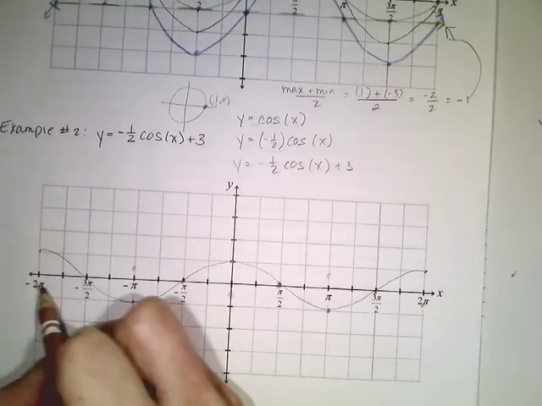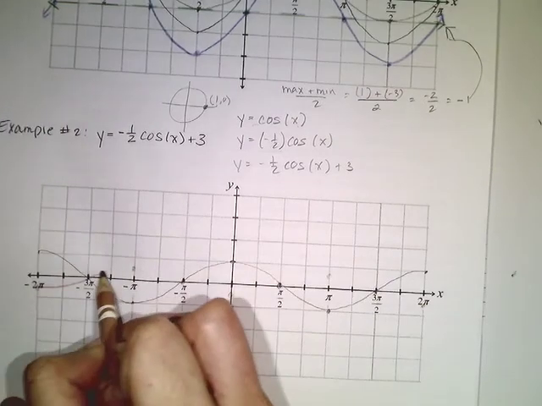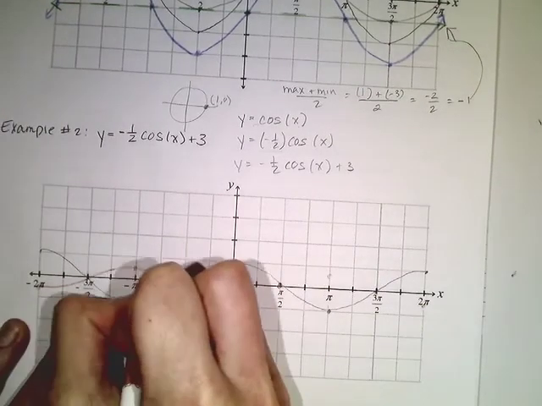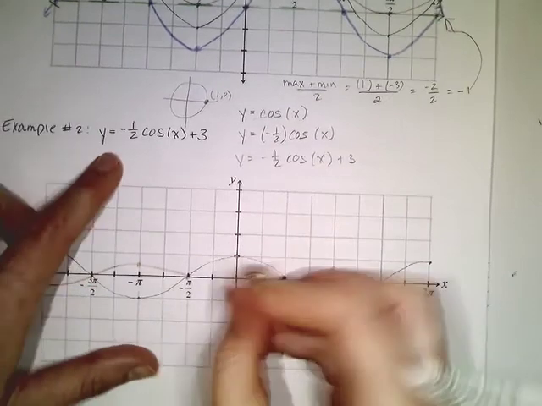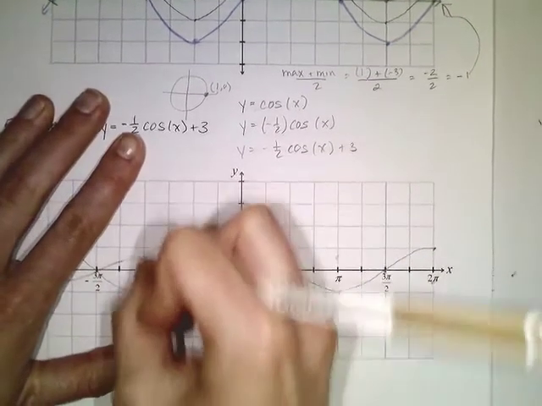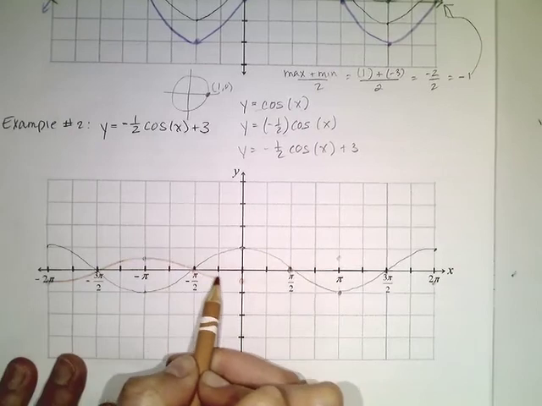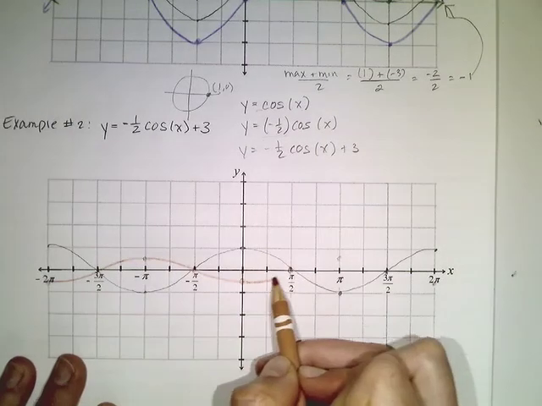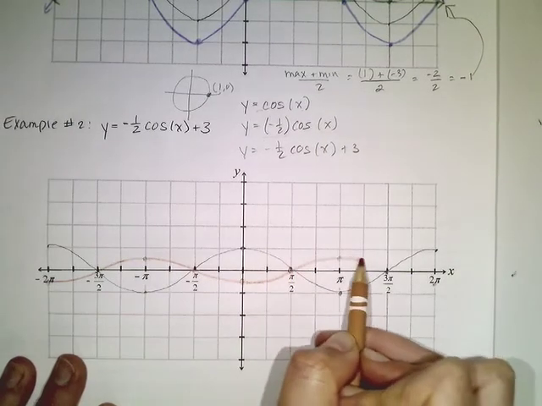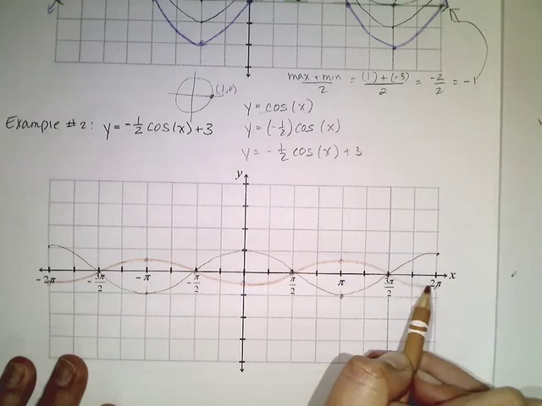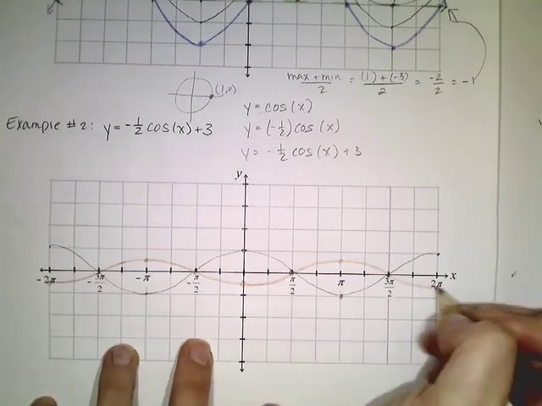Okay, so now our cosine function is flipped upside down, right?